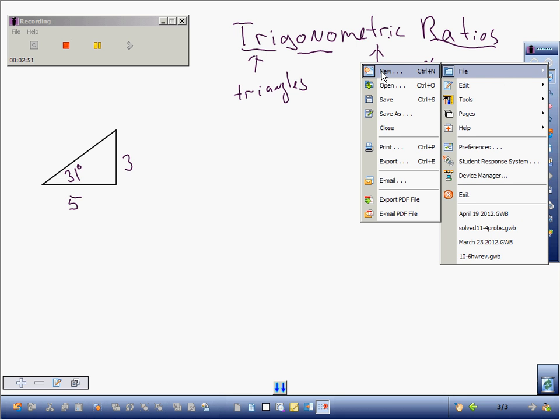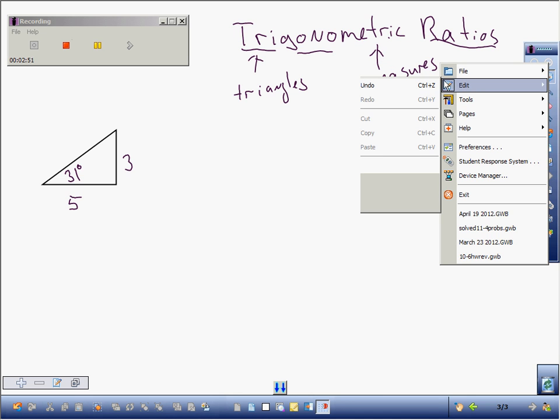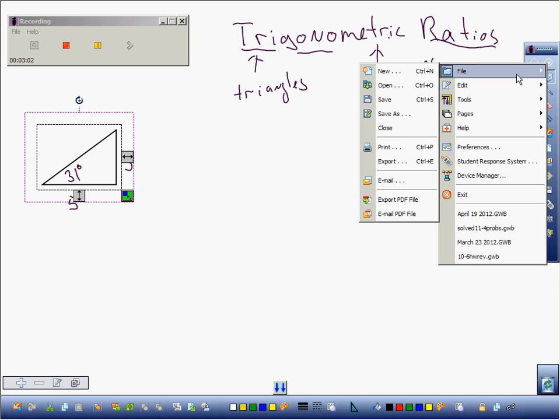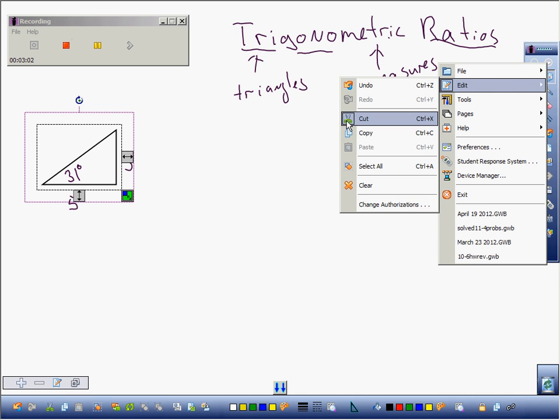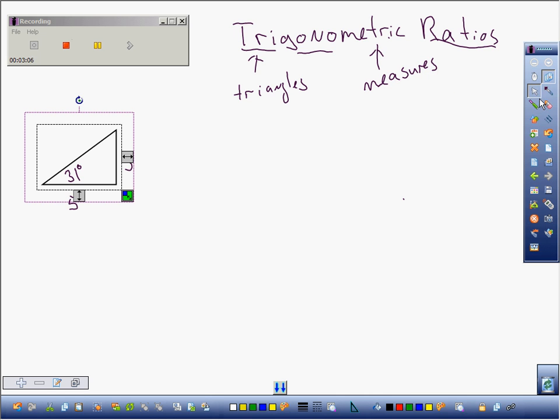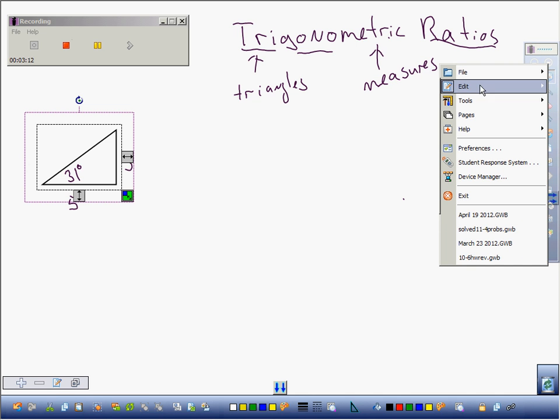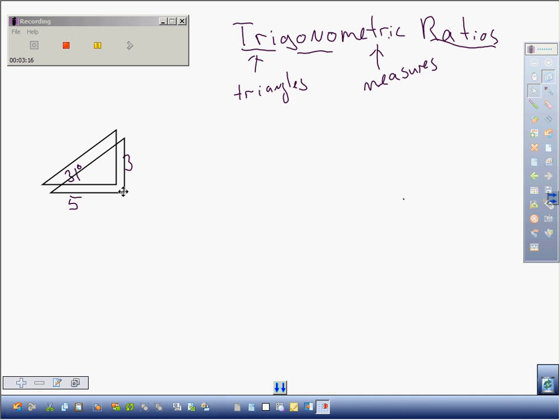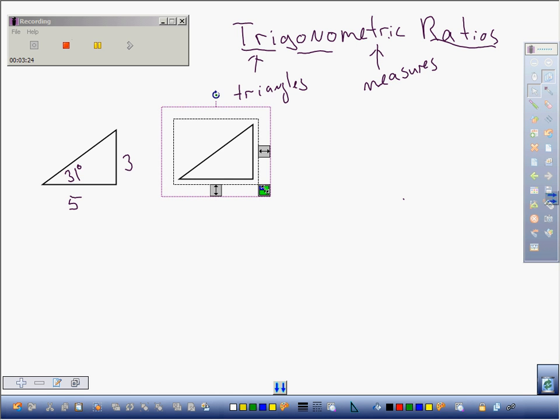File. There must be an easier way. Edit. Didn't I hit? Oh, I must have lost that. File. Edit. Copy. And then there's no control C on this. File. Edit. Paste. Okay. And I draw another triangle that kind of looks like this triangle, but I'm going to make it bigger. Okay. Bigger.